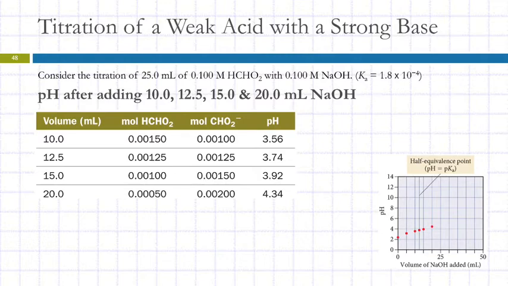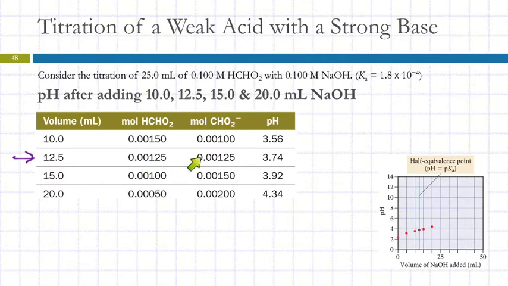Let's do the 12.5. So we're going to do the calculation for this one. At 12.5 milliliters of hydroxide added, we've added 0.00125 moles of the hydroxide, and so that's going to use up half of the original acid, and it's going to create an equal number of moles of the conjugate base.